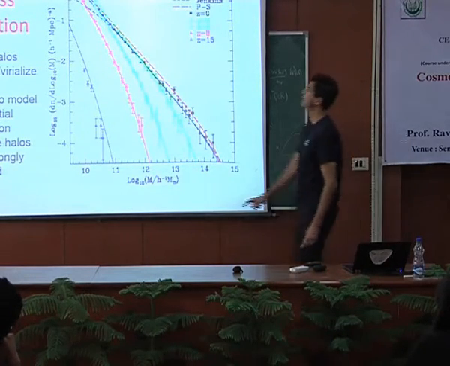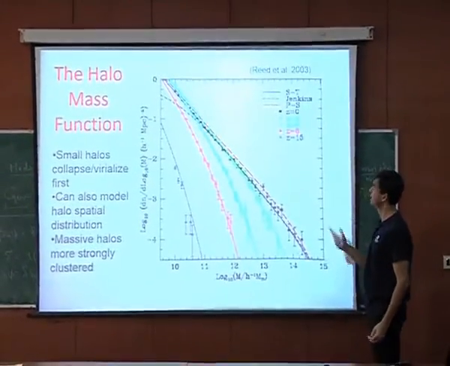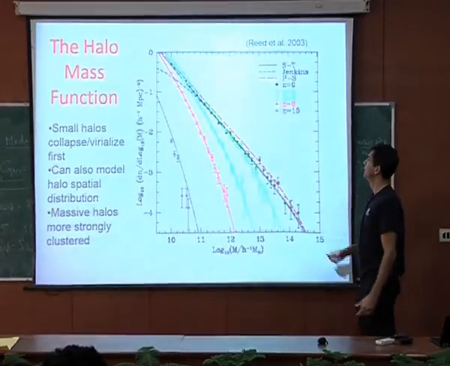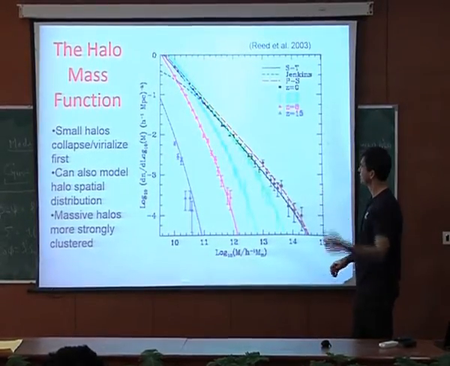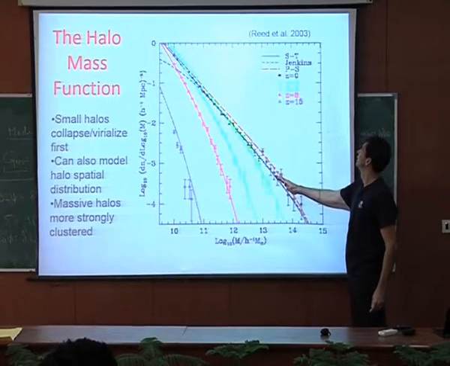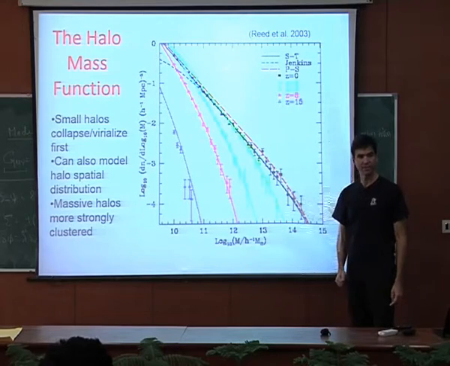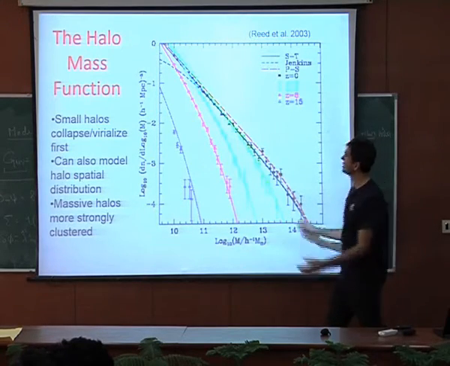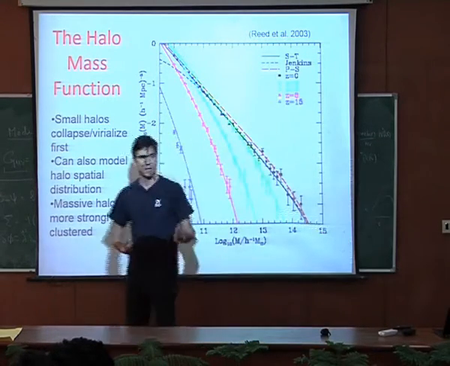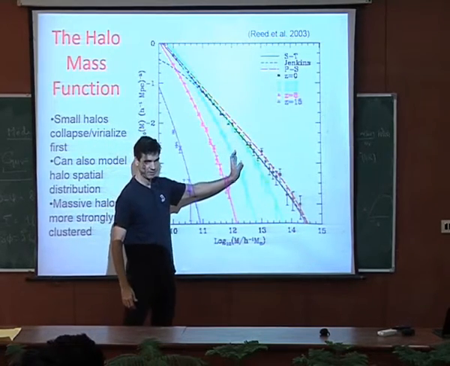So this is the number density of objects as a function of their mass in lambda CDM. So the simulation was run, and the black is the halos at redshift 0, then at redshift 2, 5, 10, 15, something like this. Okay? And so you can see that at early times there are only small mass halos, and then at later times there are more and more massive halos.